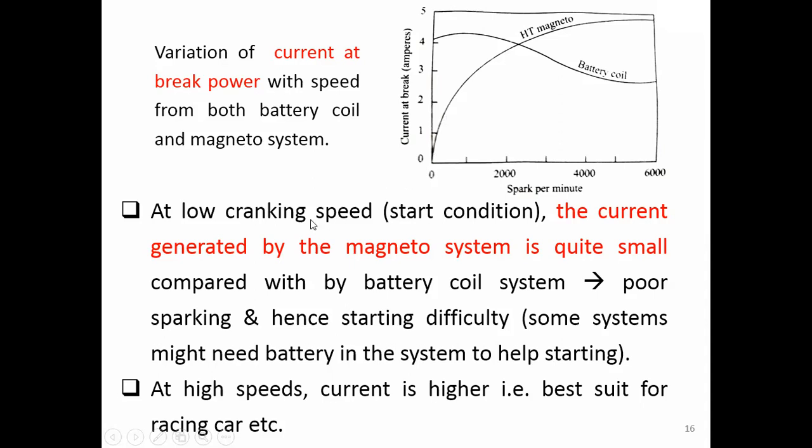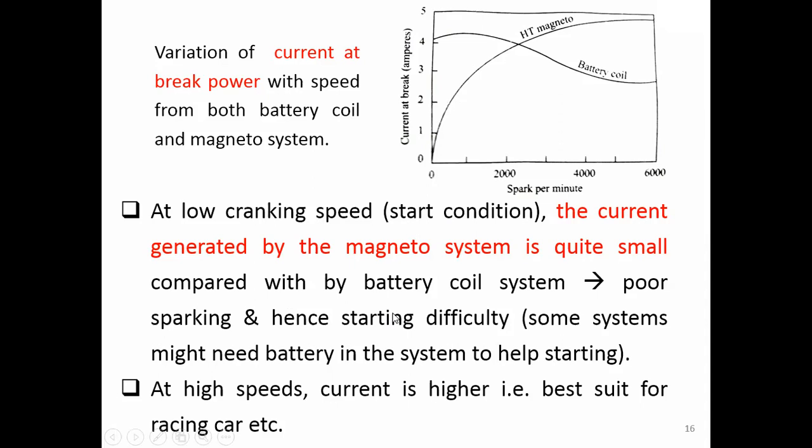So at low crank speed, at the starting condition, the current generated by the magneto system, which is here, is very small compared with the battery coil. So it gives you a poor sparking at the start, or in other words, you will have a starting difficulty.